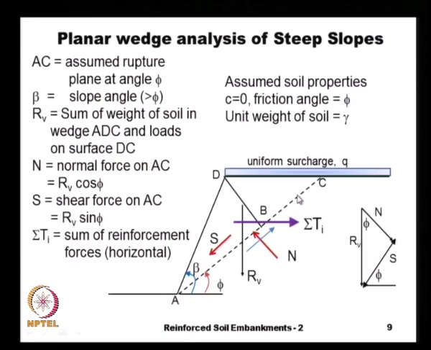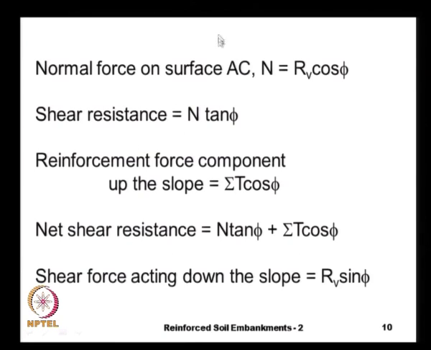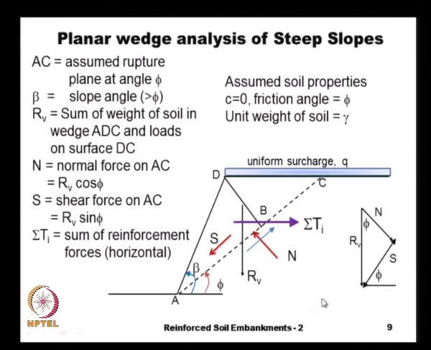On both sides we have the soil, and we can assume that the friction angle mobilized along that surface is only the phi, and the reinforcement force component upwards of the slope is just simply sigma of T times cosine phi, that is the component of the reinforcement force, and then the net shear resistance is N times tan phi plus sigma T cosine phi, and the shear force acting down the slope is RV times sin phi, that is the shear force that is acting down here.